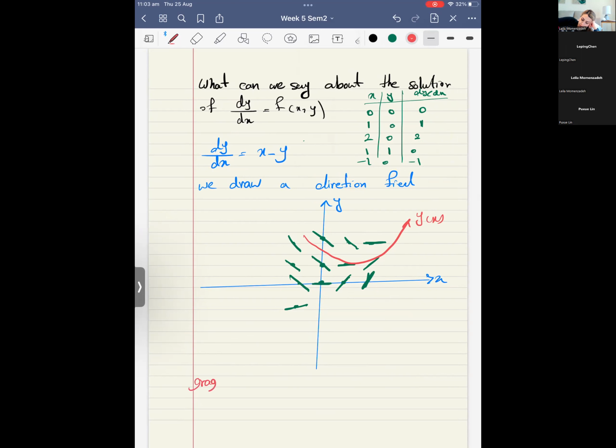The graph of the function y of x passes through this point.